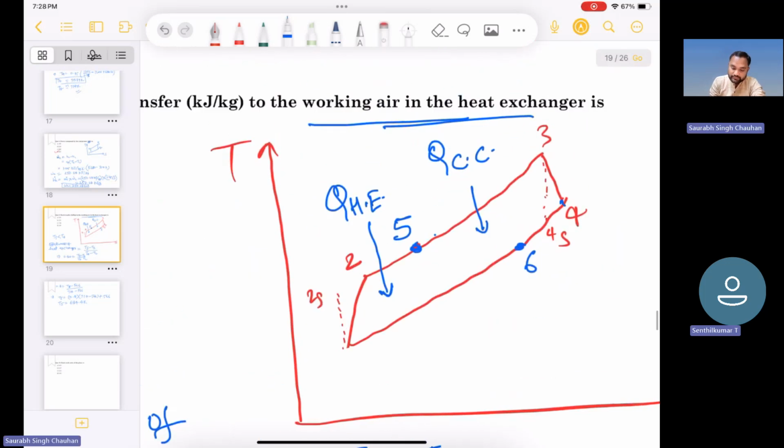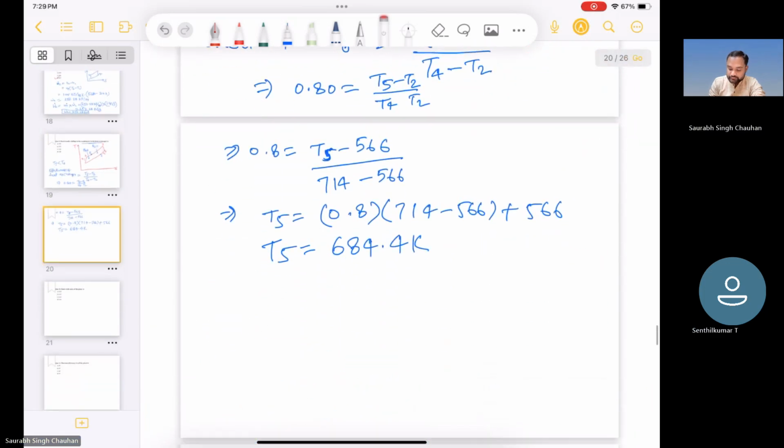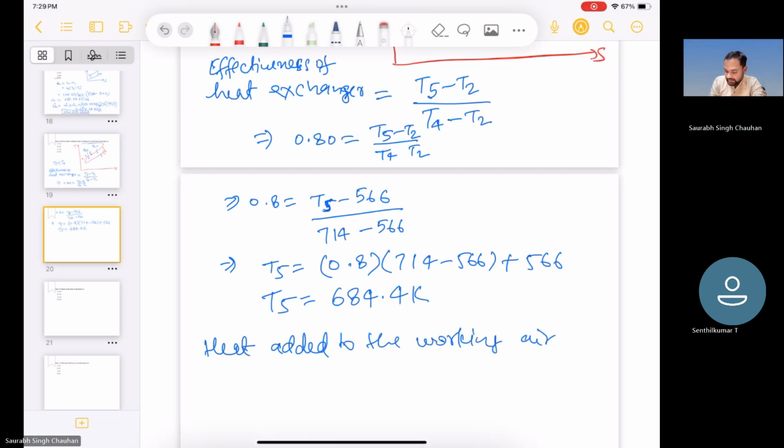T5 minus T2, sir. T5 minus T2 multiplied by Cp, right? So the heat added to the working air in the heat exchanger will be Cp times (T5 minus T2).